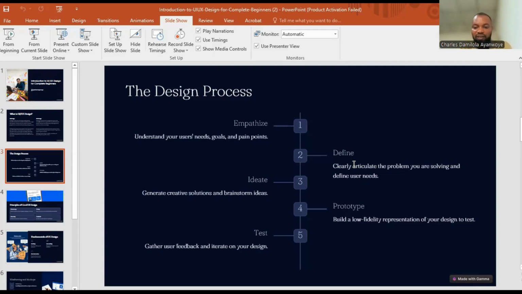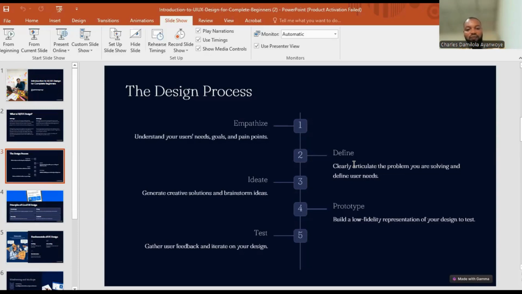You can test your low fidelity designs with just 2, 3, 4, 5 people. And you get an insight into what should be improved, what is not supposed to be there, or what is supposed to be there but is not there. Then you get an idea of what it will be.